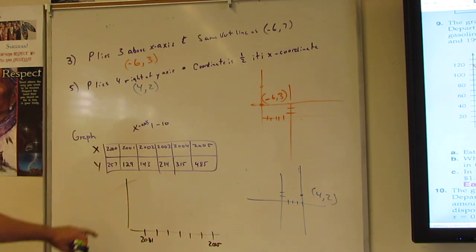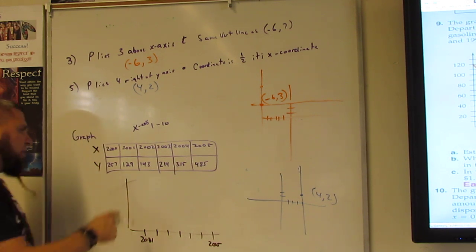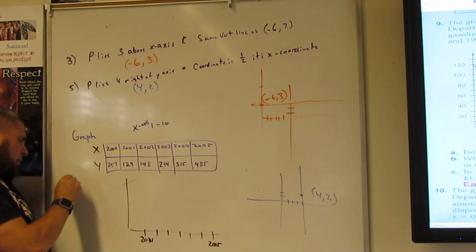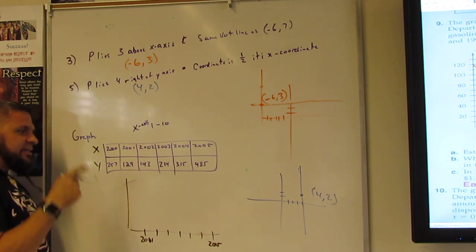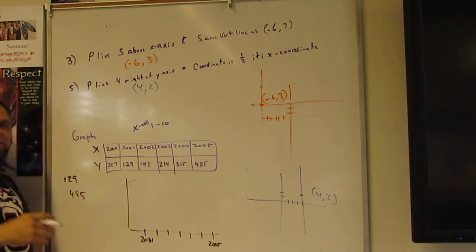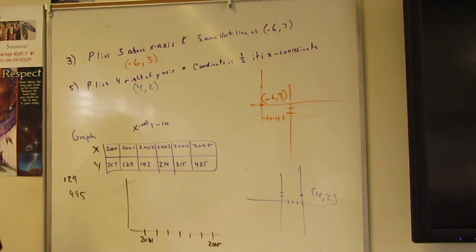Now here's the thing, in order to fit it in here, I can't just go from 0 to 200, that would be crazy, yeah? So I look at my lowest, which is 129, and my highest is 485. So I need something that goes from 129 to 485.